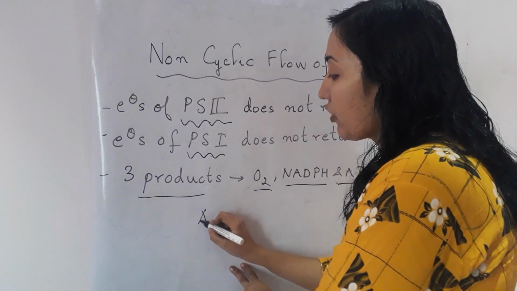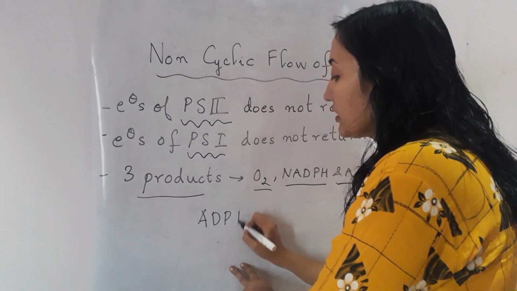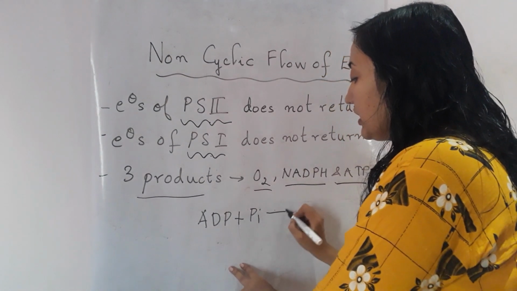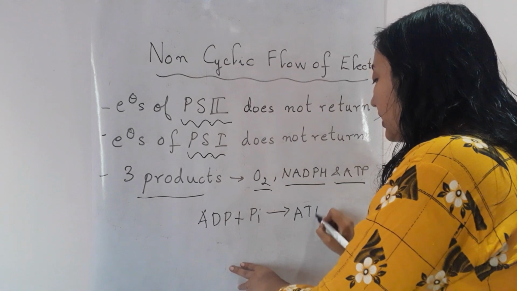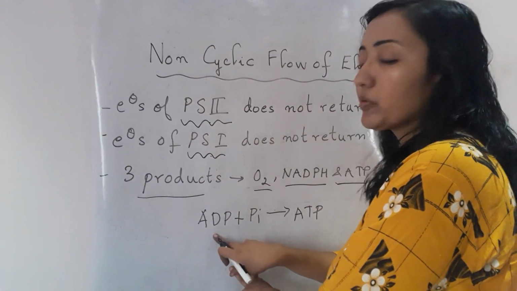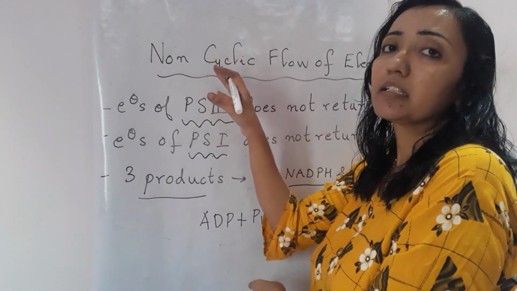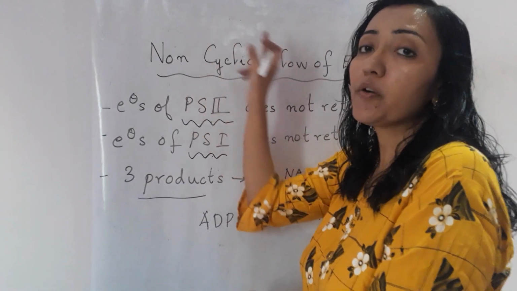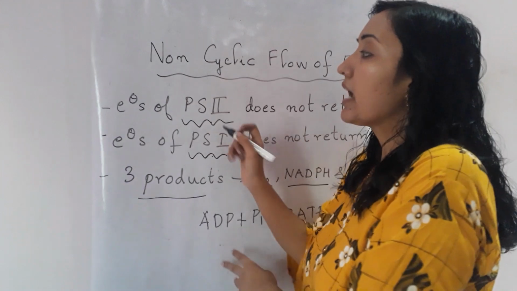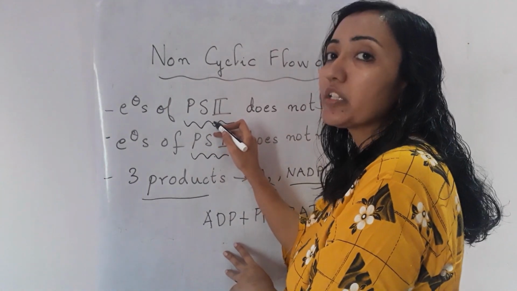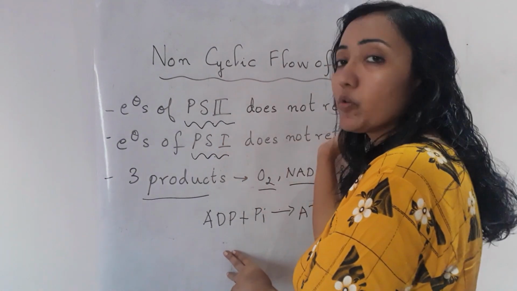How is ATP formed? ADP plus phosphate gives ATP. On adding a phosphate to ADP, we get ATP. Three products are formed, but the electron will not follow a cyclic pattern. The electron which is excited by PS2 will not return back to PS2, it will go to PS1.